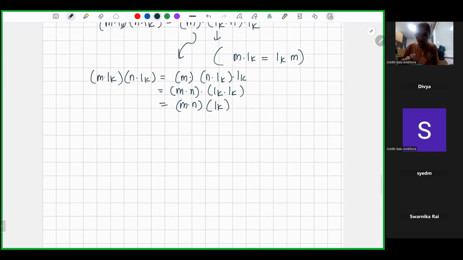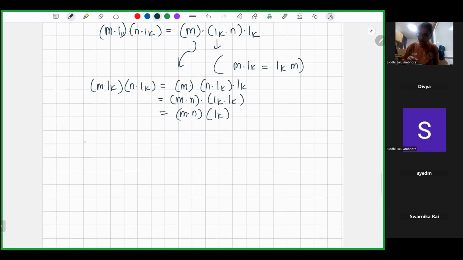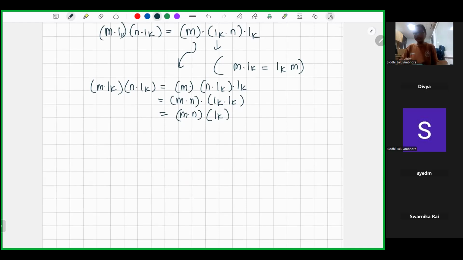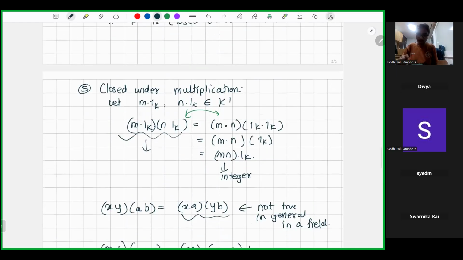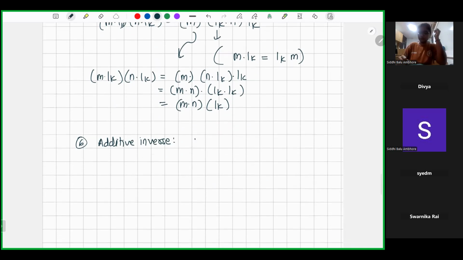Okay, and now this sixth property. Wait, multiplication, additive inverse. Additive inverse we can check from here. So the seventh is additive, sixth I guess. Yes, sixth is additive inverse. And so for m into 1k in k dash, minus m into 1k will be minus m1k.